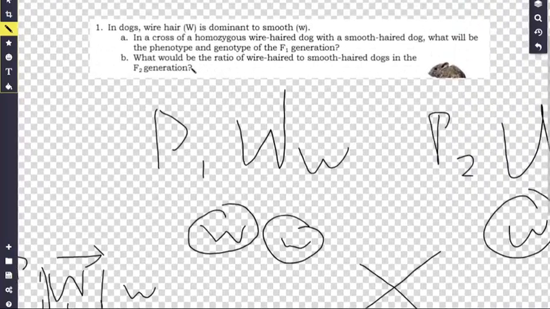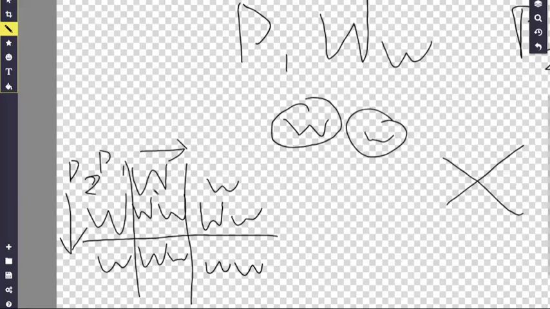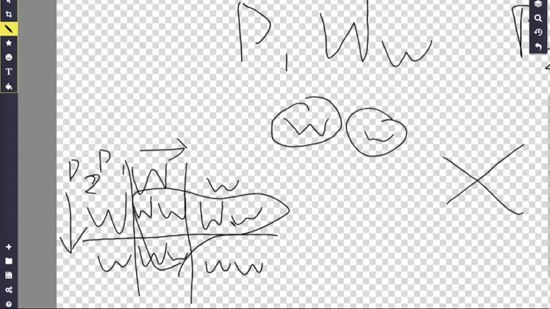So you have the ratio of the wired hair to smooth hair dog. So remember, these three, even though they are heterozygous and they have a smooth gene, because smooth gene is recessive to a wired gene, it means that they're going to be a wired hair dog.